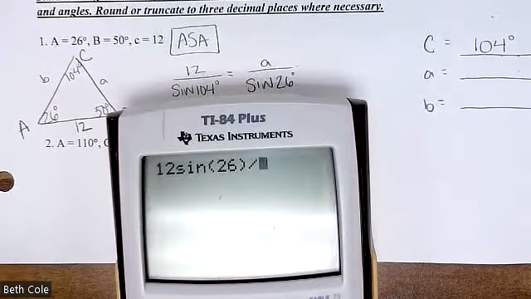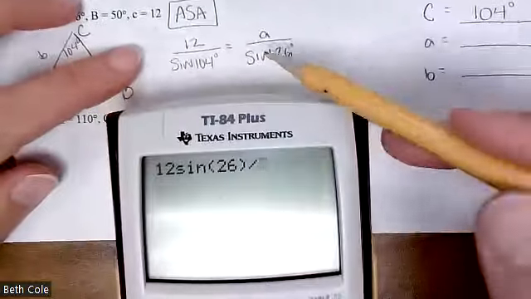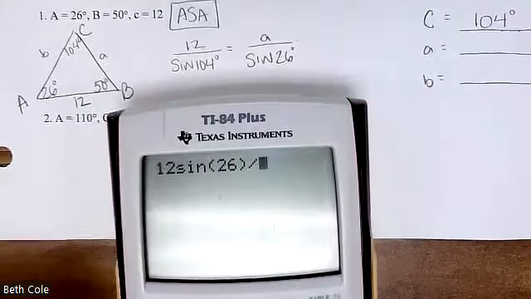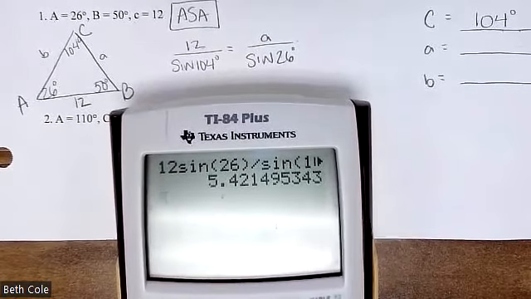Probably need a sine in there, Miss Cole. All right, I'm sorry. 12 sine of 26 divided by sine of 104. And then close parenthesis. And then that is your answer. I can't believe I did that. That was awful. I'm sorry. All right, 5.421.